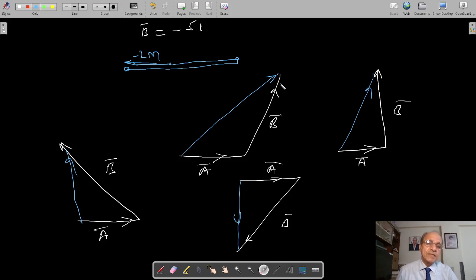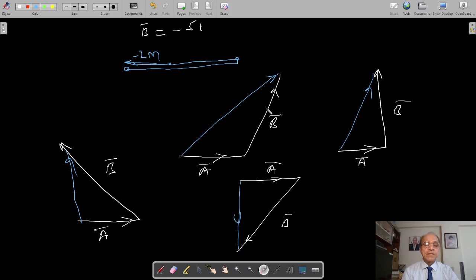If both the vectors are acting together, or say the first vector is this and then we add this vector, then finally the destination is here, and the initial point was here. So this is as good as the person has moved along this line. This is the result of adding these two vectors.